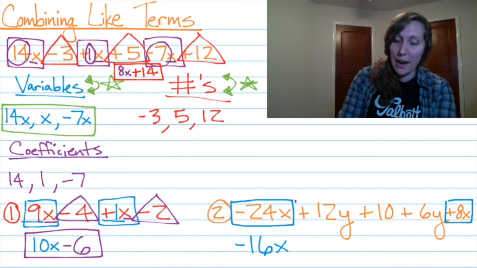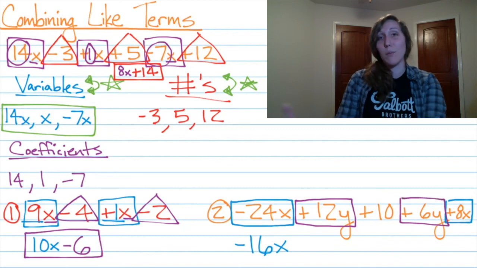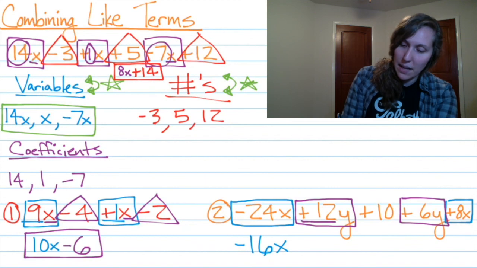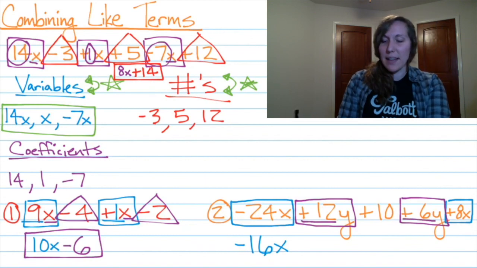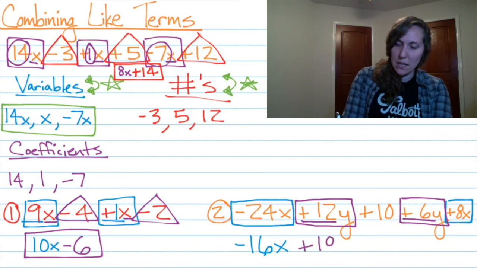So I can combine this 12y with this positive 6y because they both end in y's. So in order to do that, I'm going to take positive 12 and positive 6, and I can combine those as well, and that gives me positive 18y.